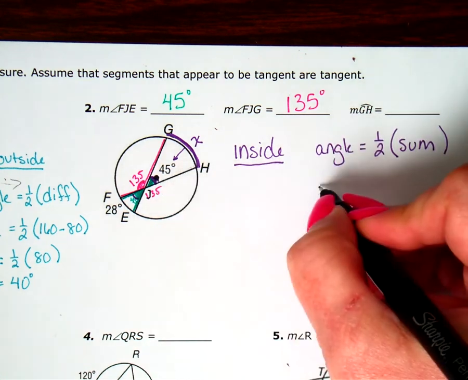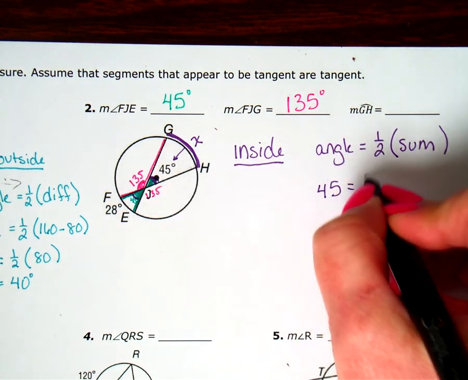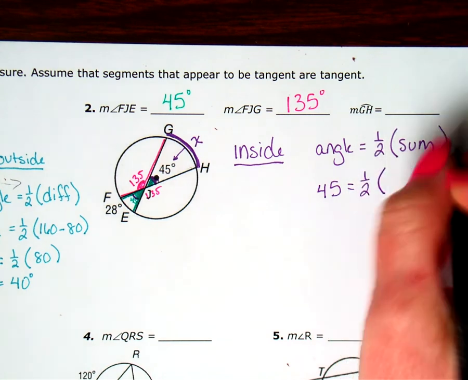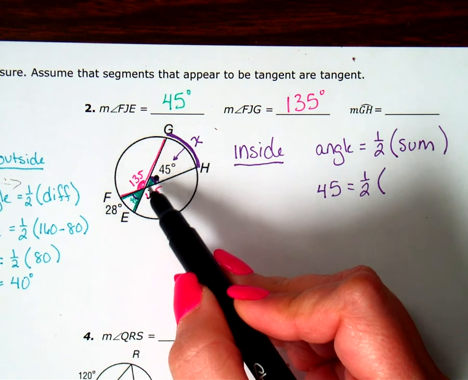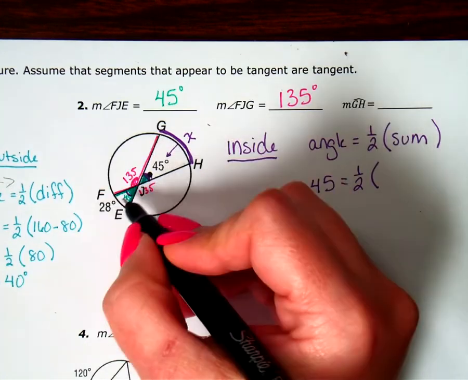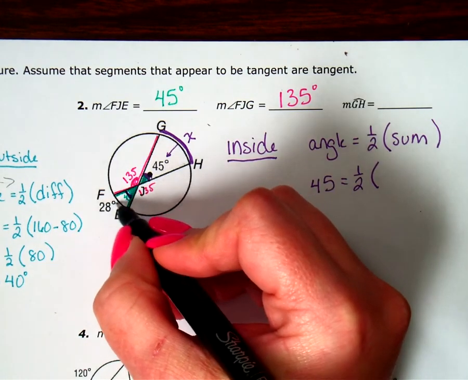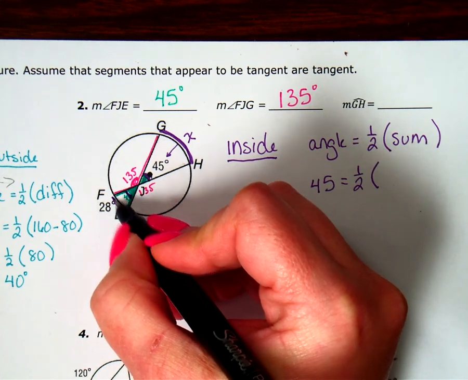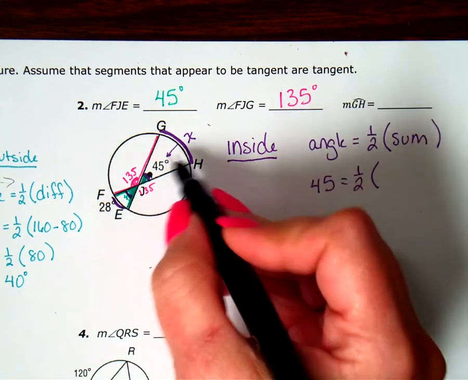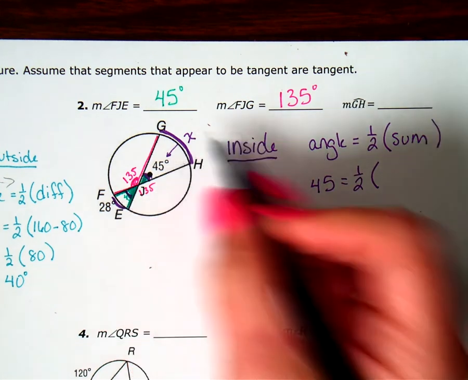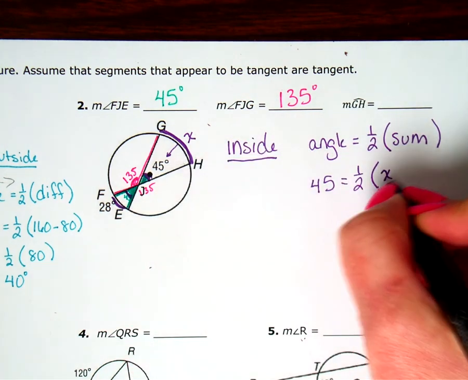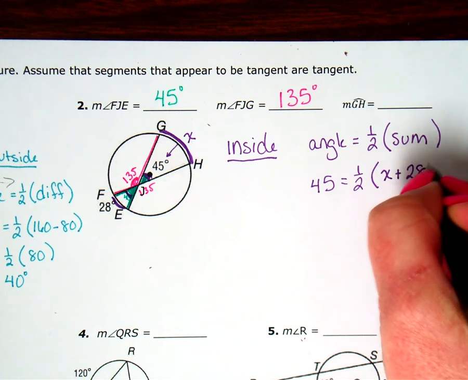So the angle is 45 degrees. It's 1/2 the sum of the intercepted arcs. Now I have two intercepted arcs because if I look on the other side of the 45, where the other 45 is, it goes out and intercepts the 28 degrees. So my two arcs are the 28 and the X. So all I have to do is add them together.